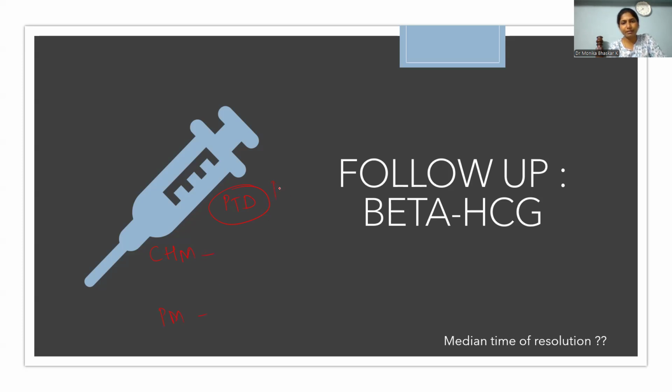Firstly, we would have done a pre-evacuation beta HCG. Then this is followed by suction and evacuation. Once we do the suction and evacuation, on the day of suction and evacuation or the next day, we have the basal beta HCG level. So that is post evacuation beta HCG.